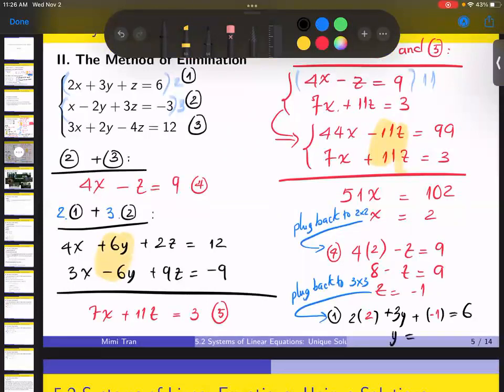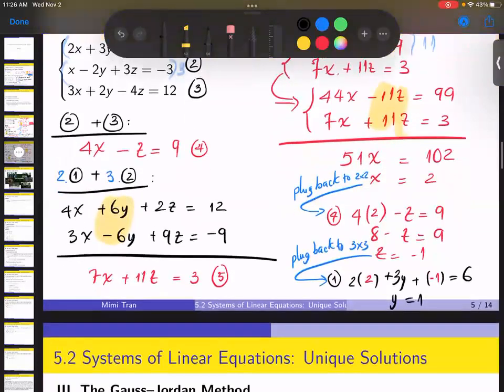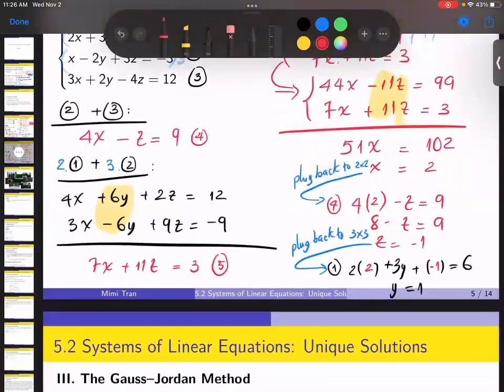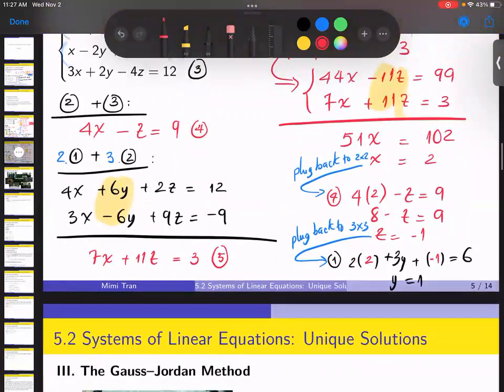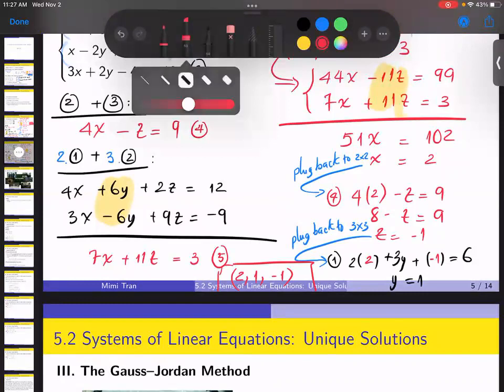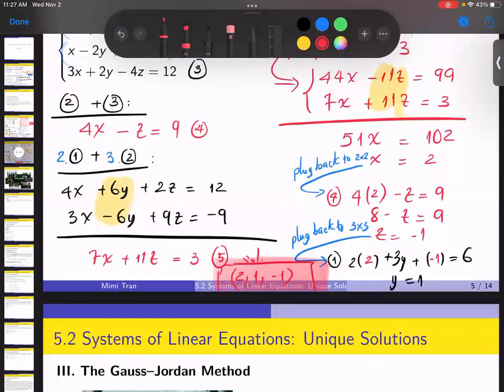So y equal what? 4 minus 1 is 3. y equals 1? Is it 1? Yeah. And then you're gonna write your solution, so run out of space here. 2, 1, -1. Solution. You're gonna have one like this on the exam. Count on it.